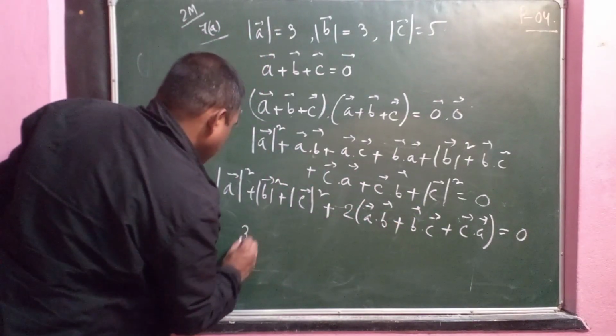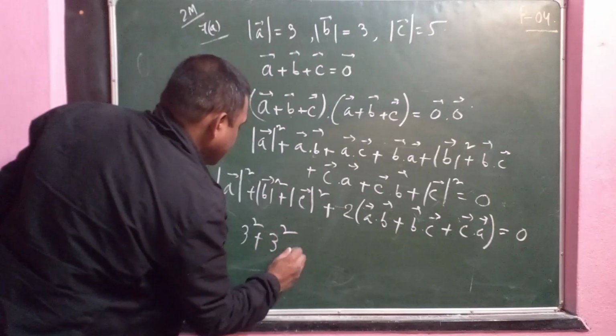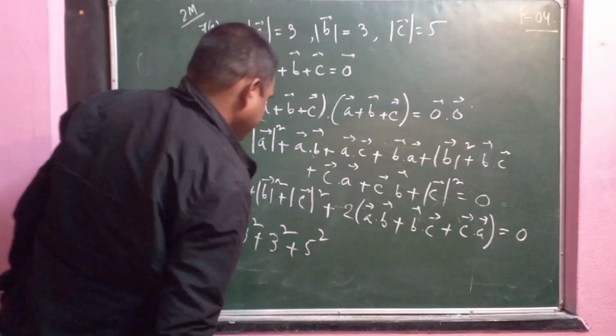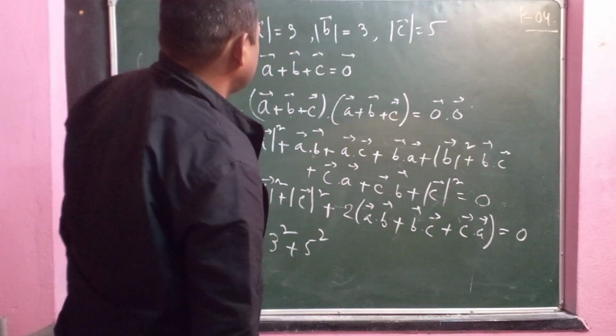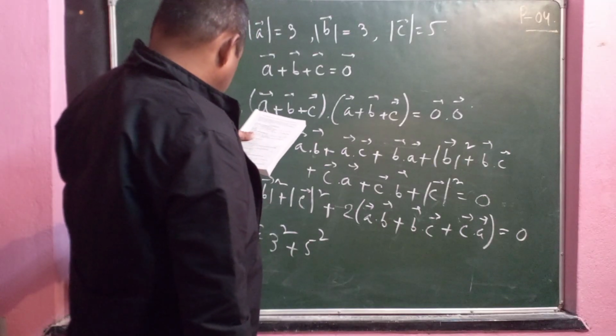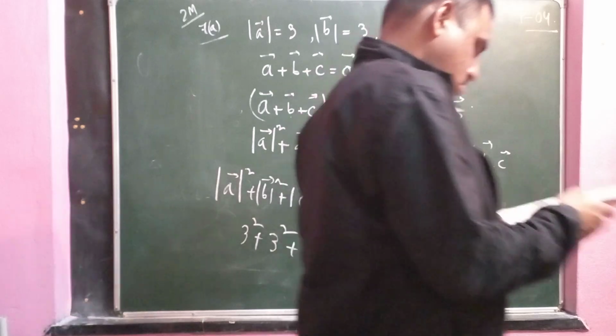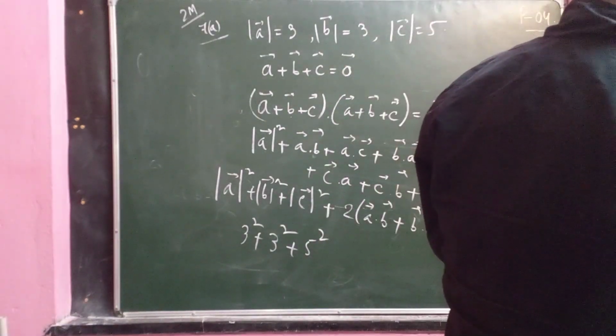Mod A is 3 square plus 3 square plus 5 square. Right? Yes. 3 square, 3 square.